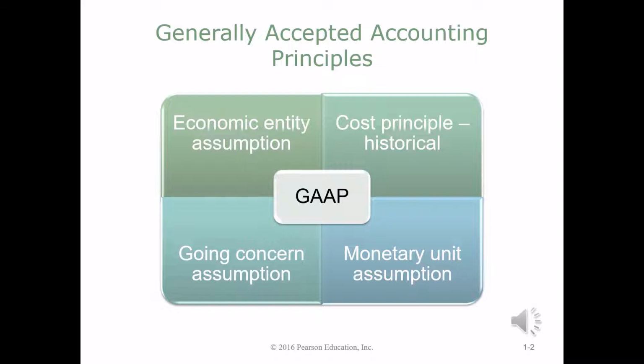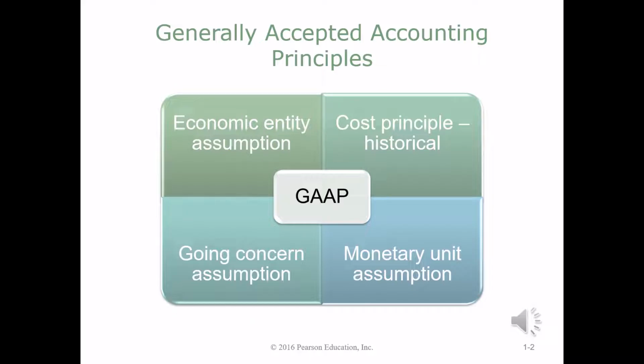This assumes that the business's accounting is kept separate from the owner's accounting. That may seem logical, but many times when businesses get first started by the founders, there is a very gray area between what the founder owns and what the business owns. So those need to be kept separate.